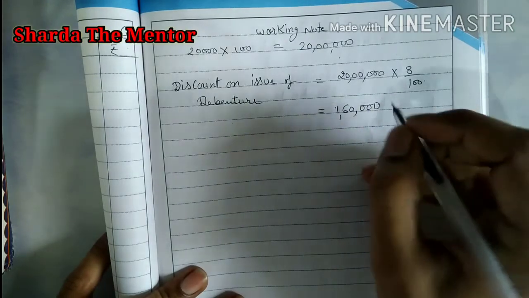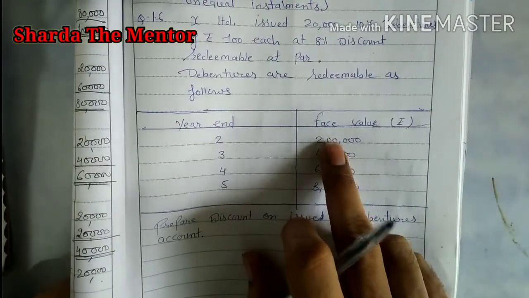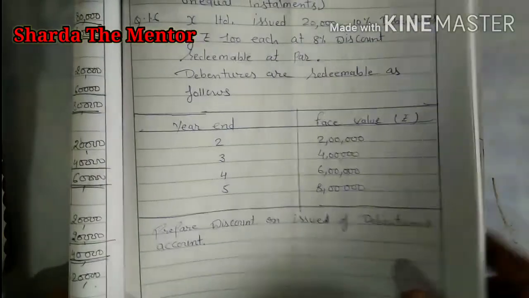That will be the amount. Now you have to write off these things. As you see in the question, it is given that first 2 lakh rupees, then 4 lakh, then 6 lakh, then 8 lakh rupees at last.